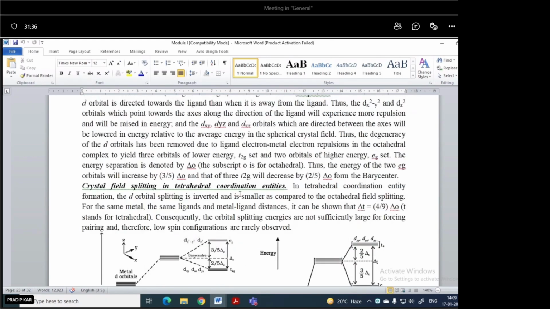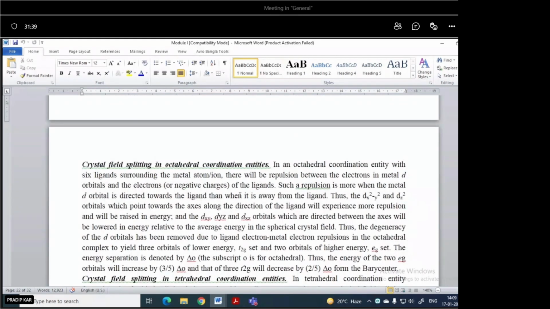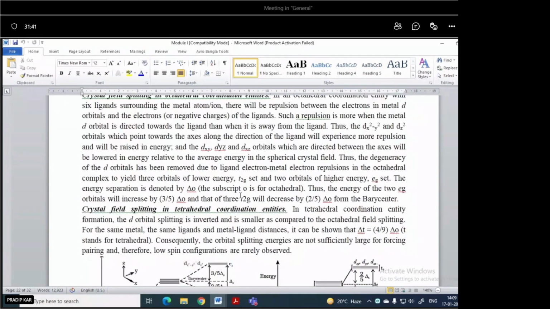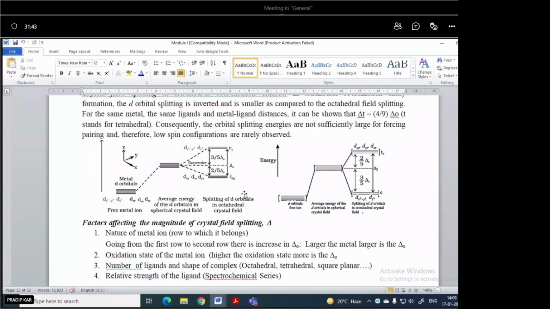So to explain crystal field splitting, you have to explain that when the free metal ion interacts with the ligands, the d orbital energy increases.